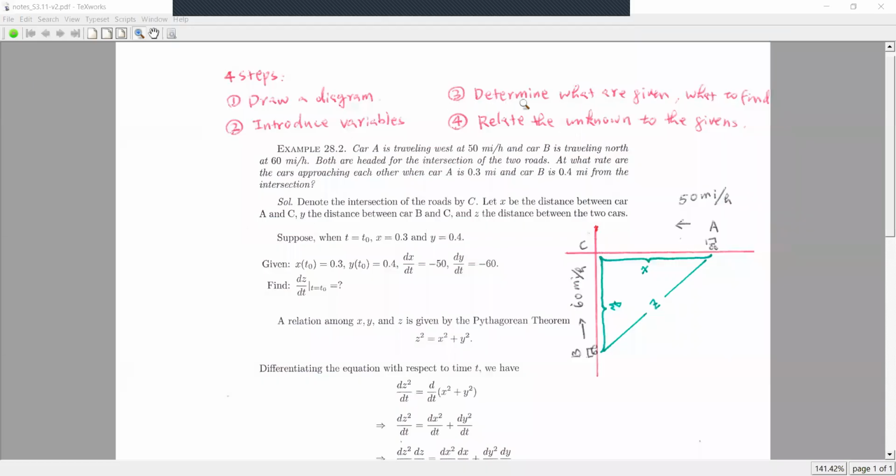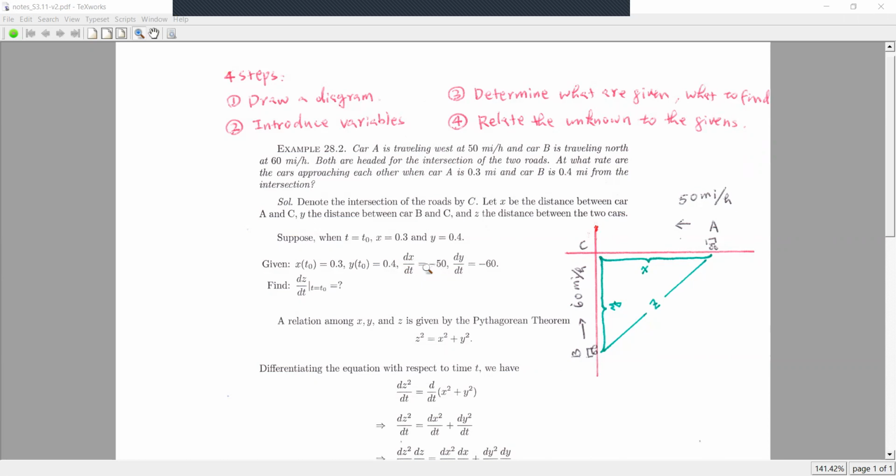Step 3. Determine what are given and what to find. When time is t0, x is 0.3, y is 0.4. Car A is traveling at the speed of 50 miles per hour. This is the rate of change of the distance x. So the derivative of x with respect to the time t is negative 50.